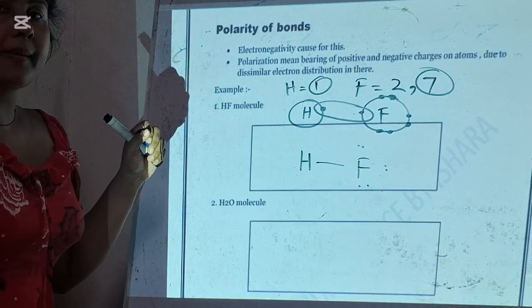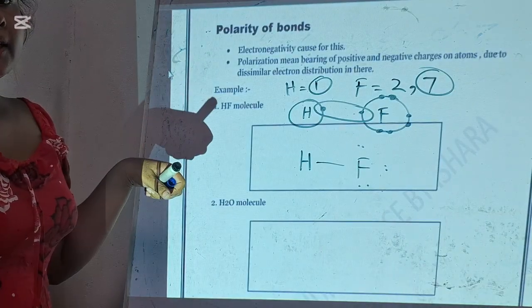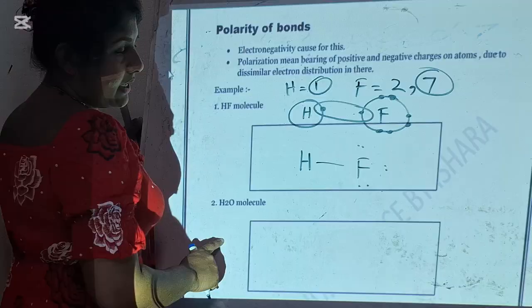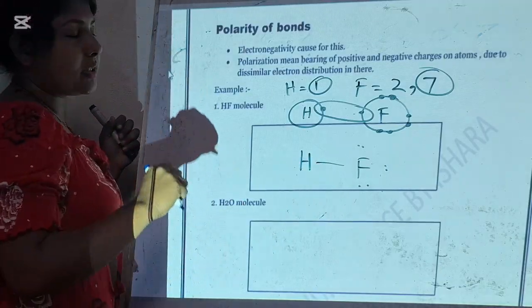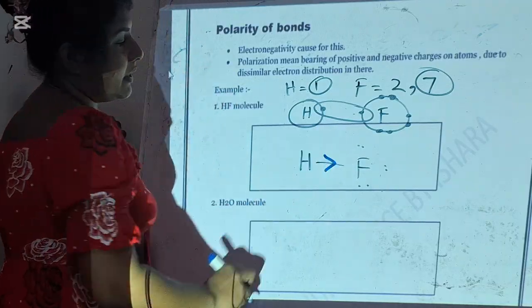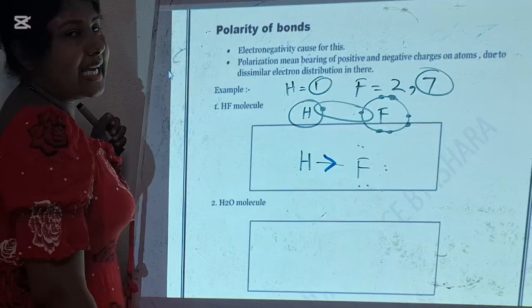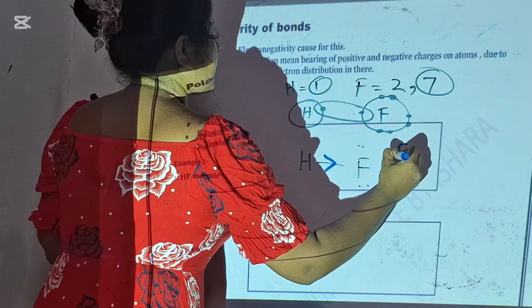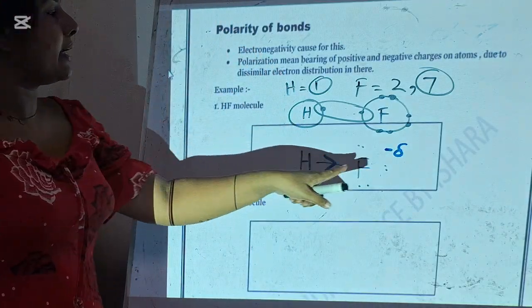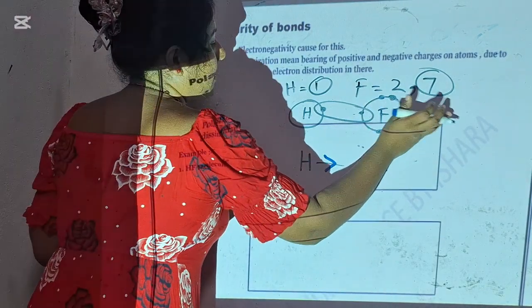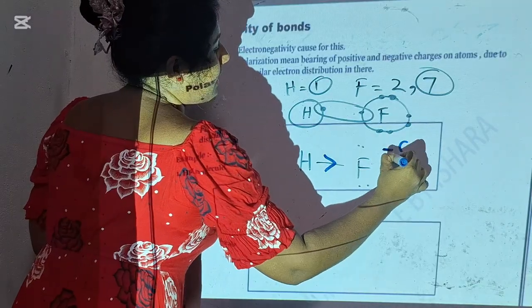In the periodic table, when we move from left to right, the electronegativity increases, so fluorine's is higher. So fluorine attracts these two electrons towards itself. Because of this attraction, fluorine gets a small negative charge. To show that it is small, we put a delta here. Again, I am telling you, it is negative.